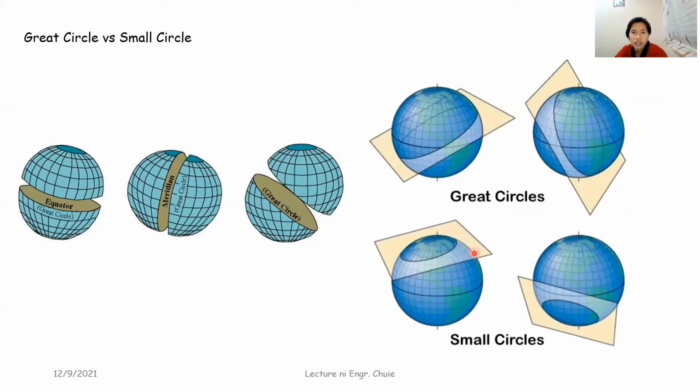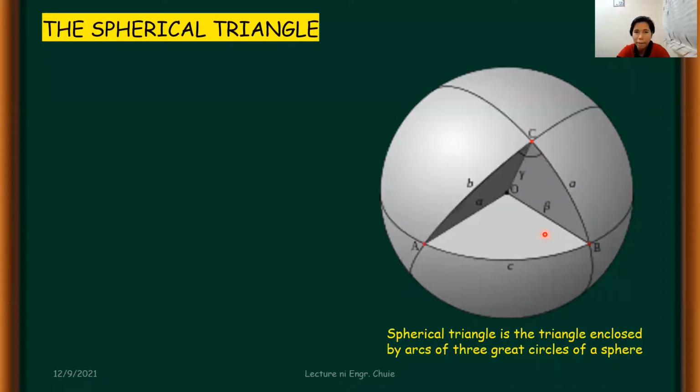So by the definition of a spherical triangle, a spherical triangle is the triangle enclosed by arcs of three great circles of a sphere. As you can see in the illustration, if this is the sphere, we have one great circle here.